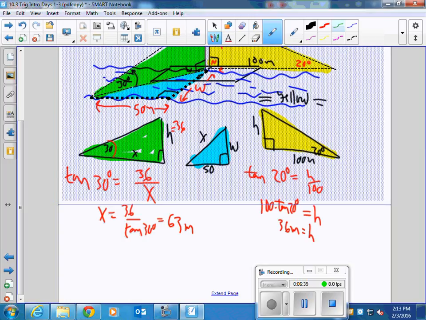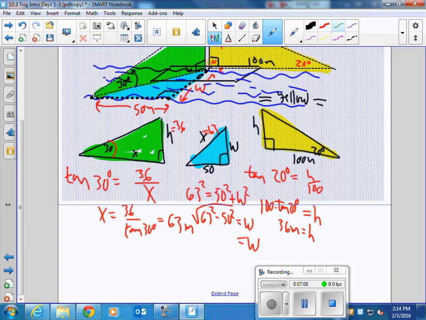You don't know any angles, but you have three sides here. You know that x is 63. So 63 squared is equal to 50 squared plus w squared. So if you took 63 squared minus 50 squared and took the square root, you'd get it.